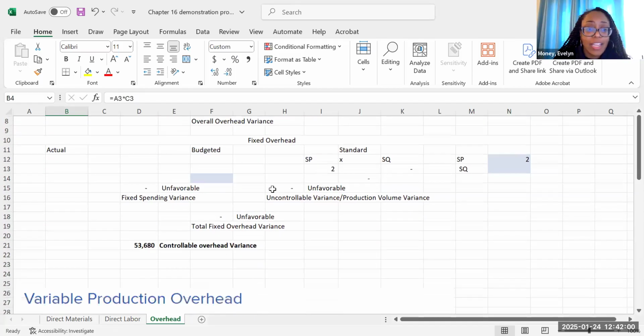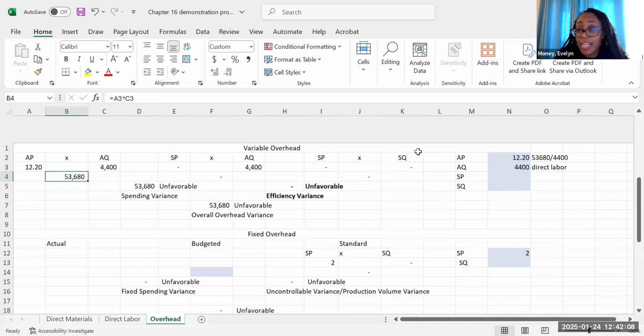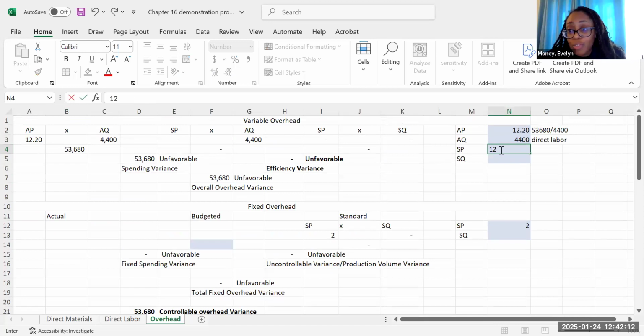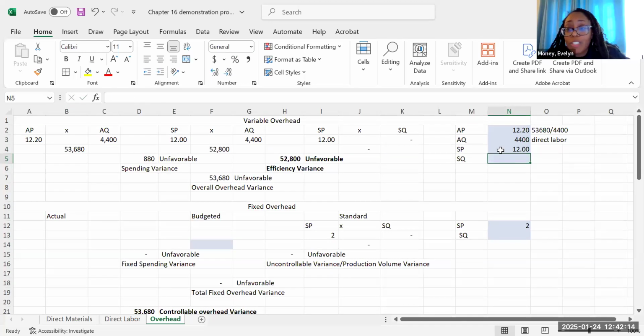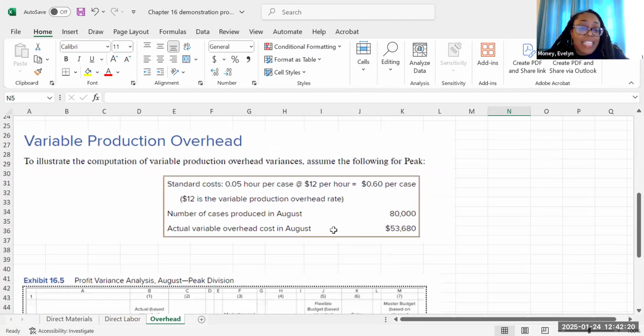Now, let's move on and let's continue to populate our table. For a standard price, we know that the predetermined overhead rate for variable overhead is 12. Oh, that 12 is comparable to 12.20, so we overspent. And then for my standard quantity, it's going to be the same standard quantity for direct labor.